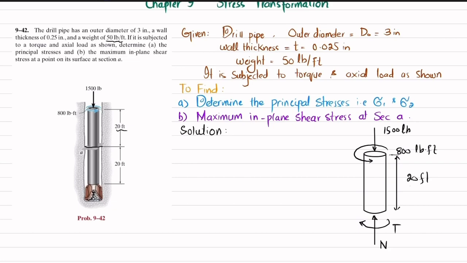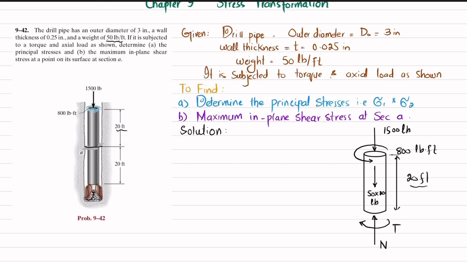So for the length of 20 feet, this weight will also act downward, and this weight will be equal to 50 multiplied by 20, which will be 1000, and the unit will be pounds.